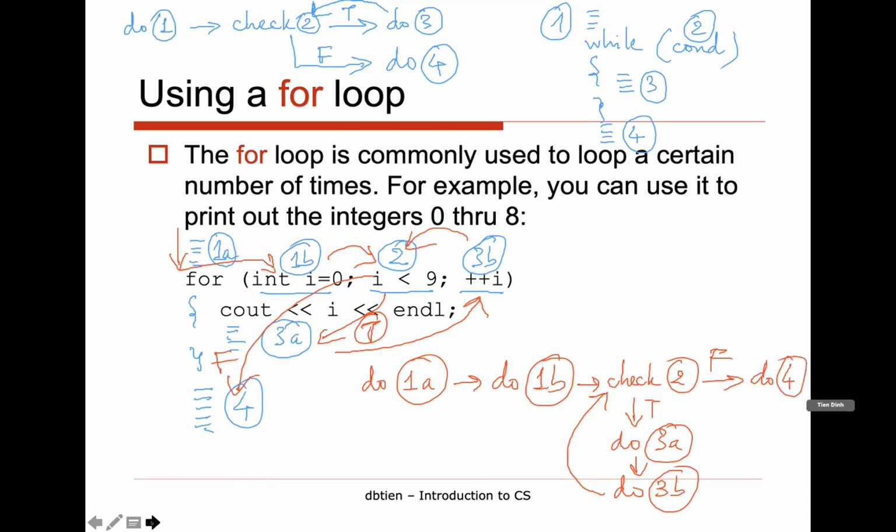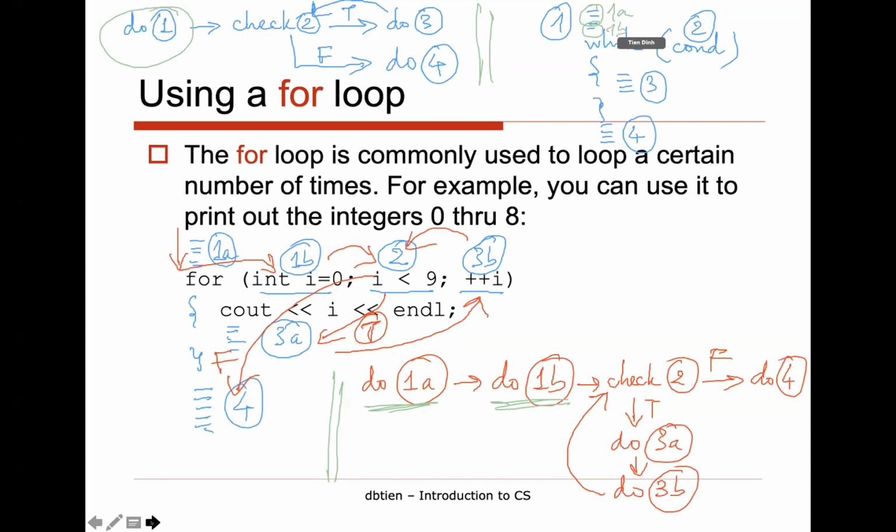So if you look into the flow of the for loop, comparing to the while loop here, they are the same. You do 1A, you do 1B, so you do 1 here. If I move the 1B here to split it, you have 2 parts, 1A and 1B.